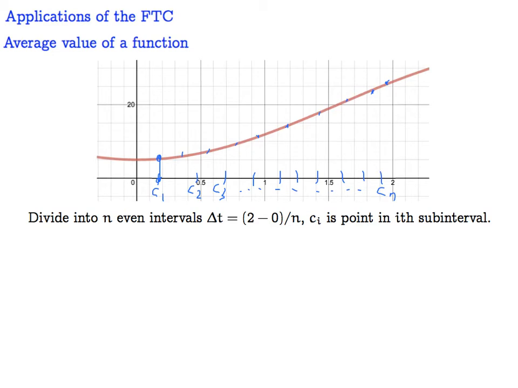The speed at each of these sample points will be v of c1, the velocity at c1, the velocity at c2, and so on, the velocity at each point. Now that we have these sample points, we can add them all up and divide by the n points that we sampled.